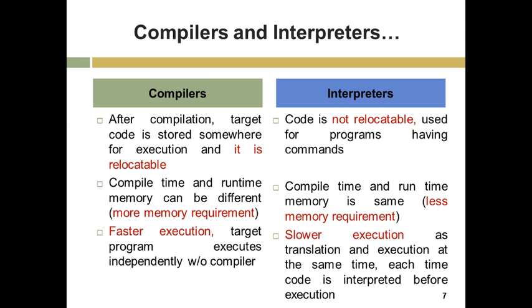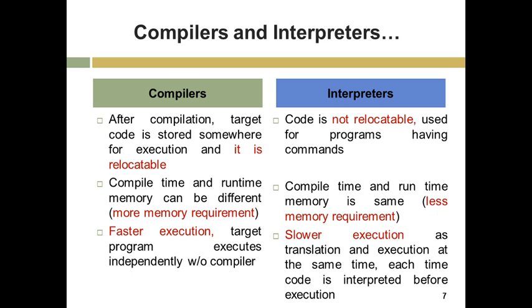It is used for programs having commands. In a compiler, compile time and runtime memory can be different, while in an interpreter, compile time and runtime memory are the same.